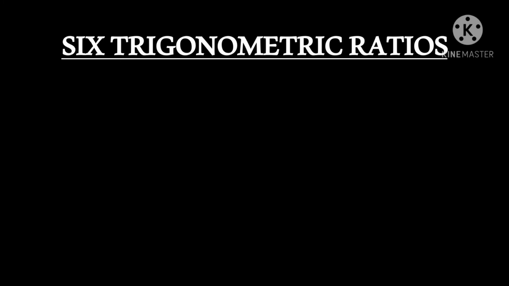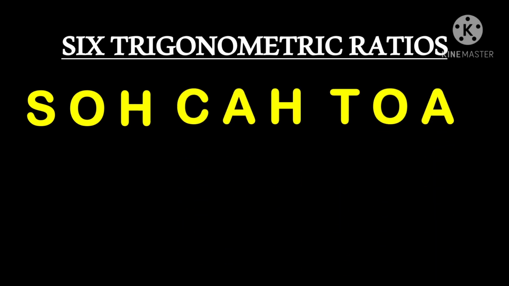For the 6 trigonometric ratios, we're going to use the SOH CAH TOA. So, ano ba itong SOH CAH TOA na to, ma'am? So, start muna tayo sa SOH. S for the sine. O for the opposite. H for the hypotenuse.